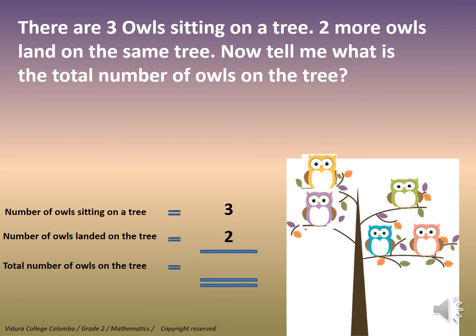Two owls. Last one. Total number of owls on the tree. What is the total number of owls? We should add. So what is the answer? 5. 5 owls are there on the tree now.